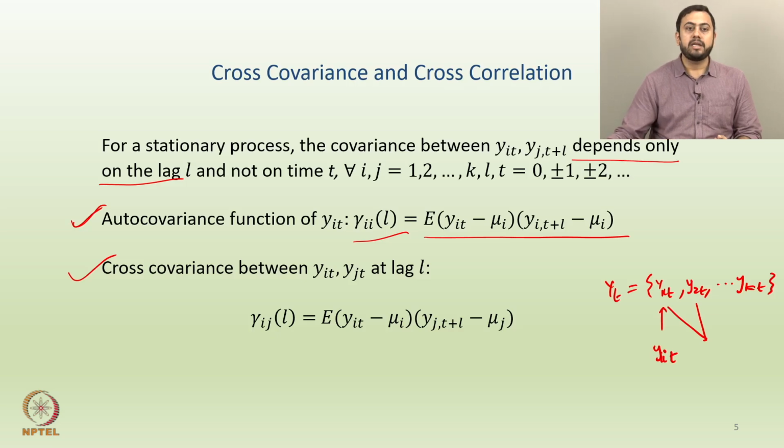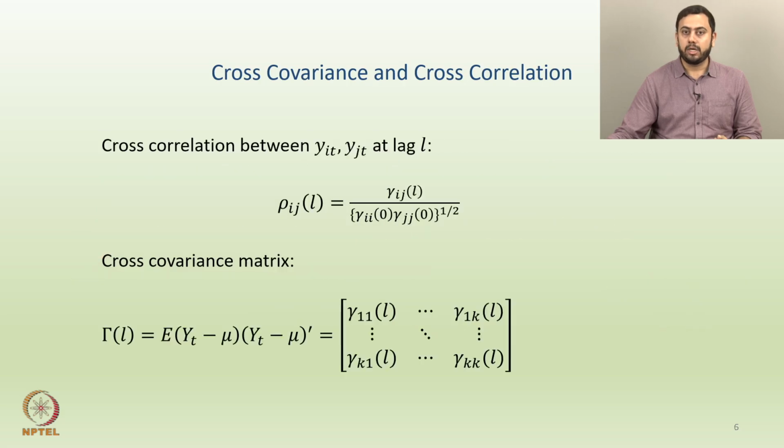And similarly, one can talk about the cross correlation. So, how do you define the cross correlation function? The cross correlation between y_it and y_jt at lag L is nothing but the cross covariance at the top, divided by the individual variances or autocovariances, which are gamma_ii at lag 0 and gamma_jj at lag 0, and then the square root of that.